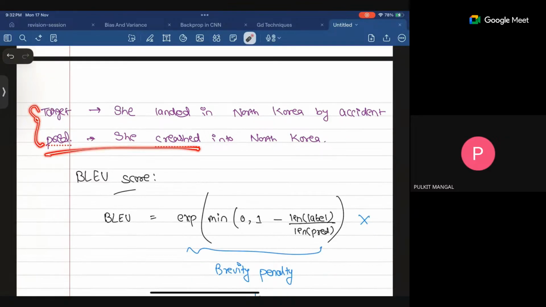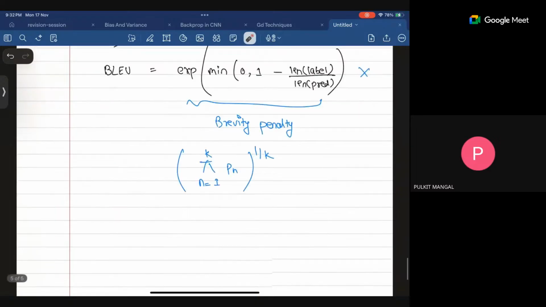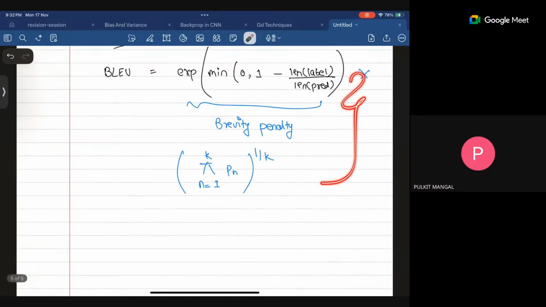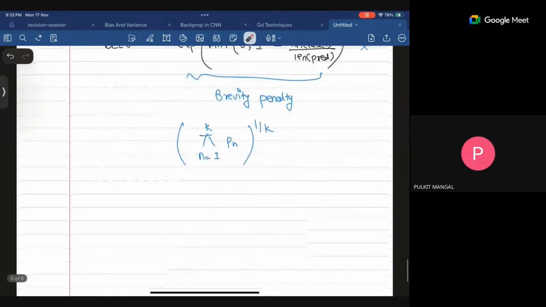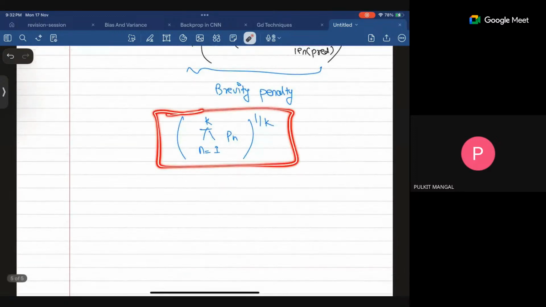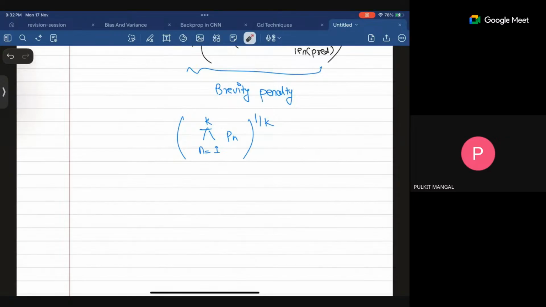Suppose this is my target sequence, and this is my predicted sequence. For this, I want to calculate the BLEU score, so that you will be able to understand how this works. First, we are going to calculate this part, called the n-gram precision.